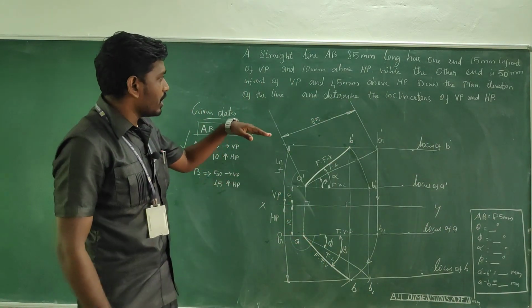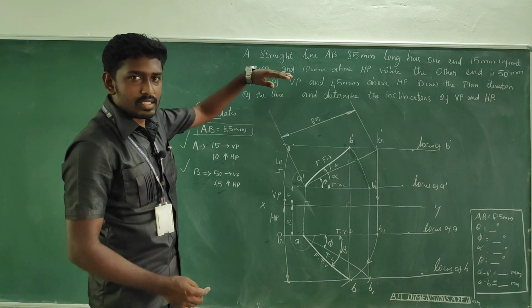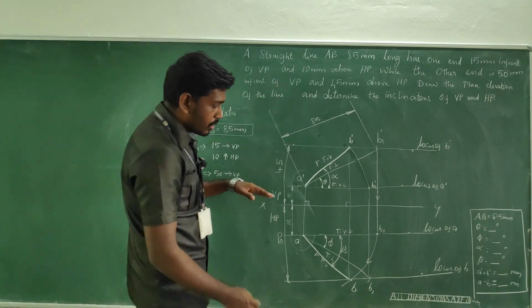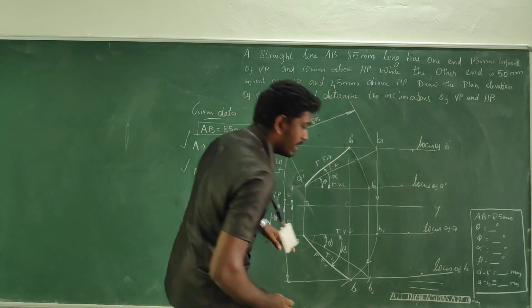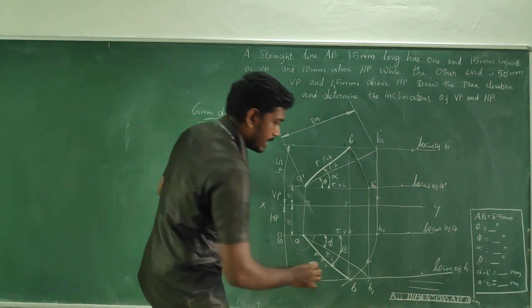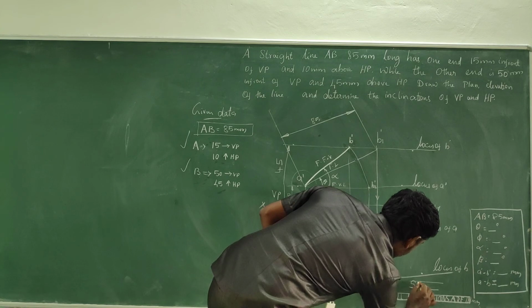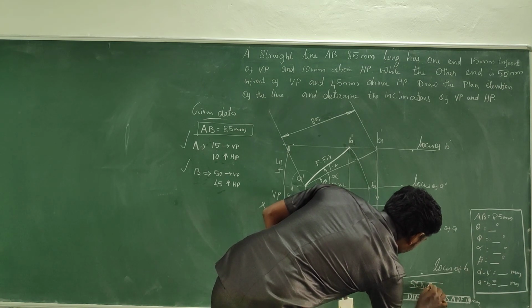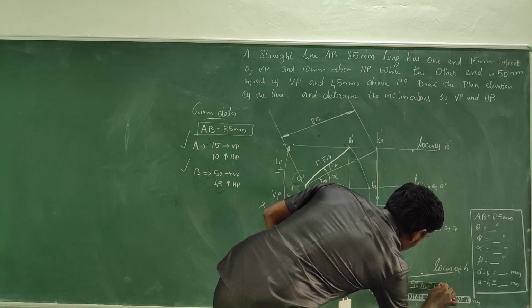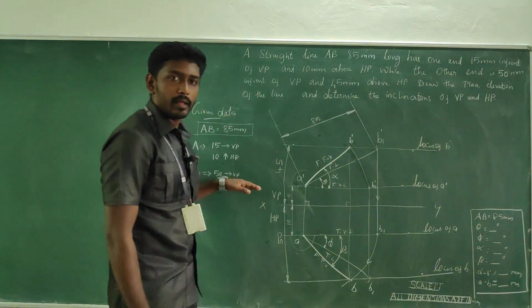Okay, so we have drawn the measurements as given in the question. Also we can write about the scale. Since we have used the true scale, we can write the scale as 1:1. Okay.